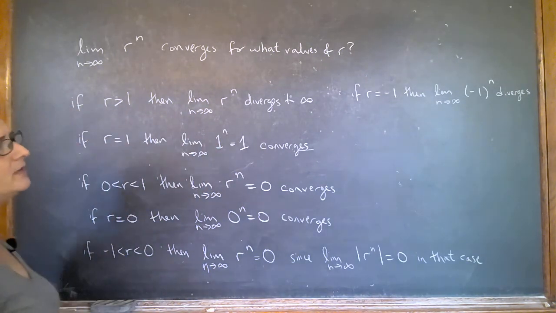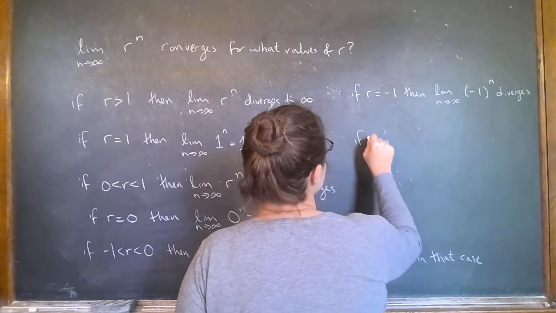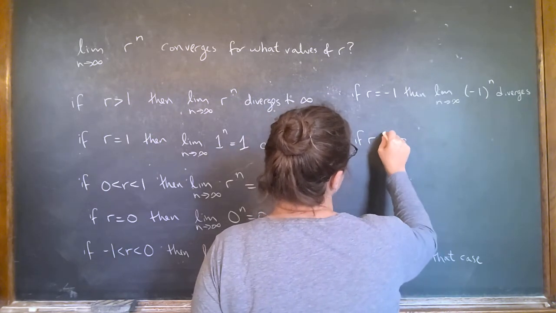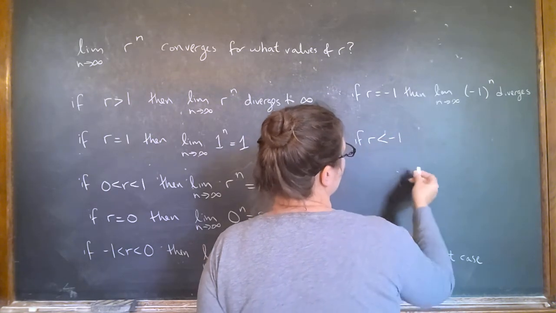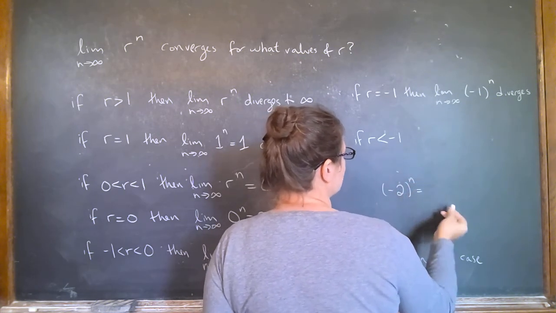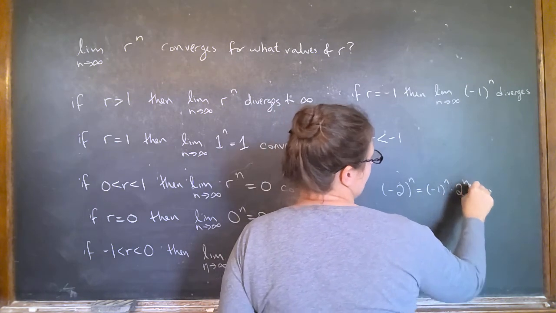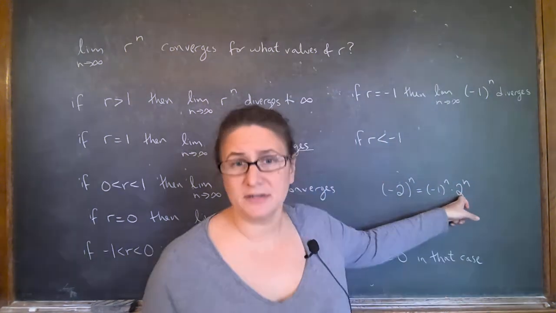Okay. And then what's going to happen if r is even worse, right? If r is less than -1, right? So now we can think about something like -2 to the n. What is it going to be? It's going to be -1 to the n times 2 to the n. Well, this guy's going to go off to infinity.